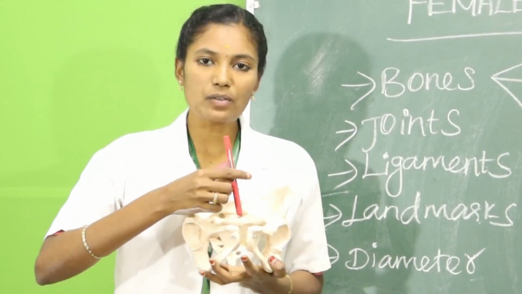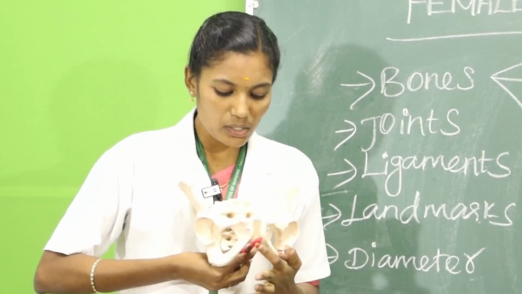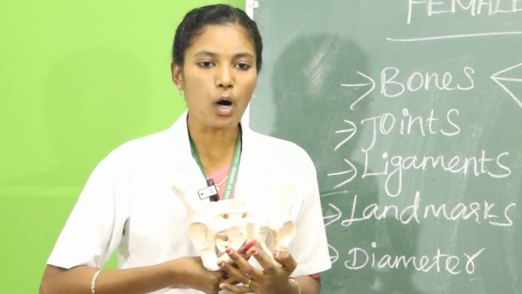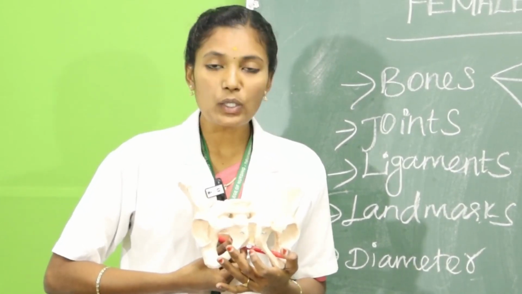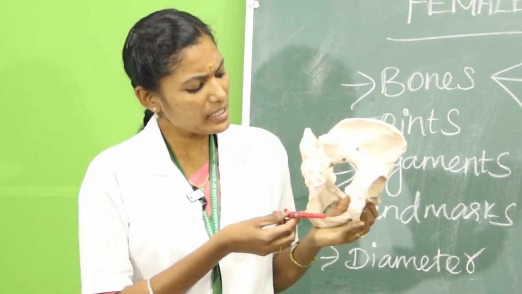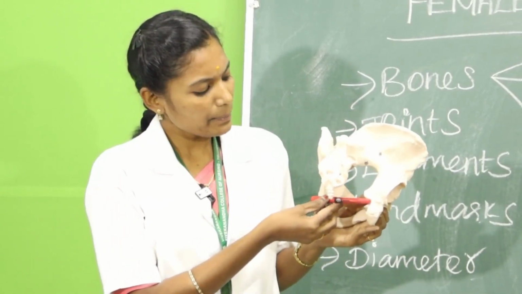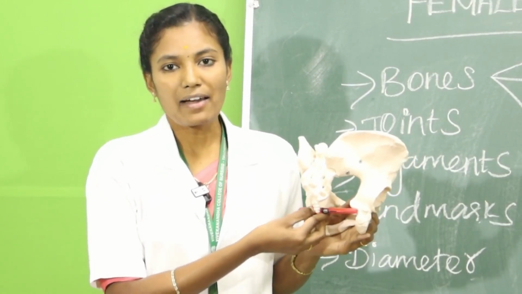In the outlet, first is the antero-posterior diameter, from the sacrococcygeal joint to the lower border of the symphysis pubis, which is 13 centimeters. Next is the oblique diameter, from the obturator foramen to the sacrospinous ligament, which is 12 centimeters. Next is the transverse diameter, between the two ischial spines, which is 11 centimeters.